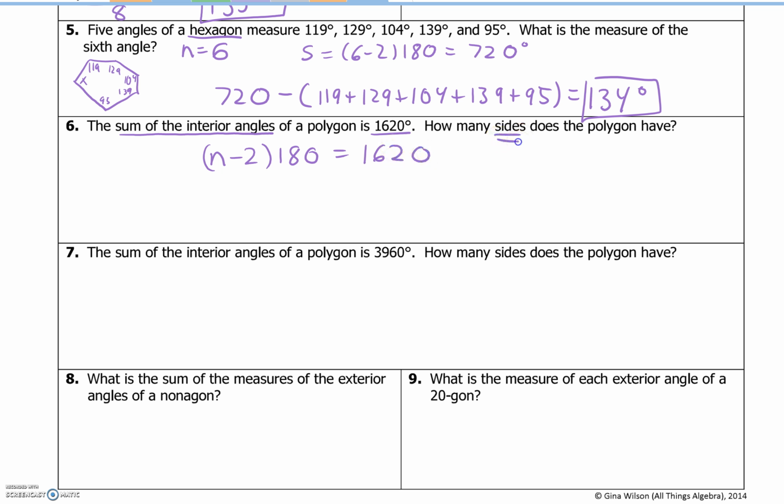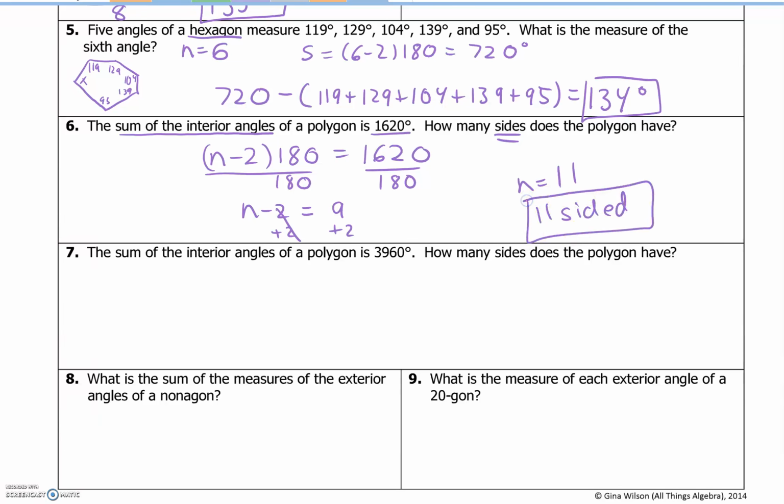They want to know how many sides. In other words, you're just taking that and solving for n. The first step I would do is divide by 180. And I get n minus 2 is equal to 9. Add 2 to both sides, and I get n equals 11, or this is an 11-sided polygon.